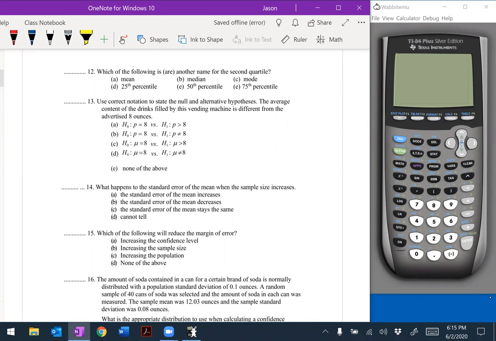Q2 on our box plot, second quartile. Q2 also is called the median, and it's also called the 50th percentile because it's right in the middle. I'm going to go with B and E on that one.